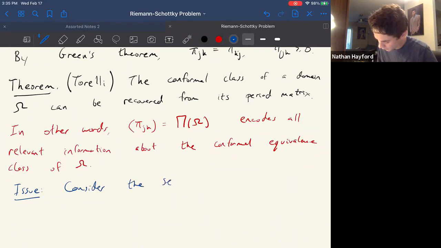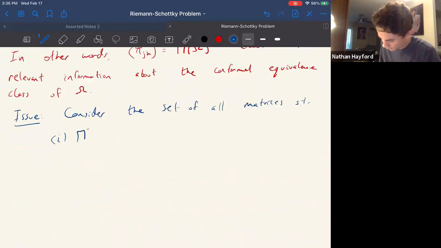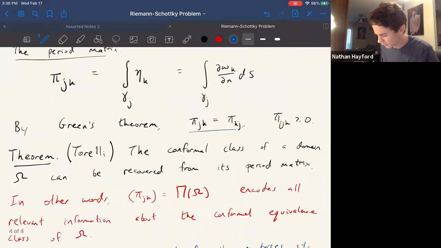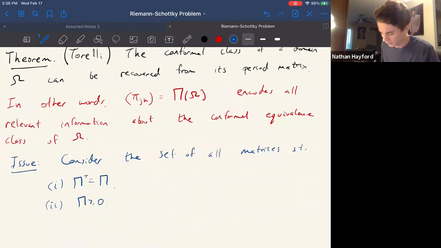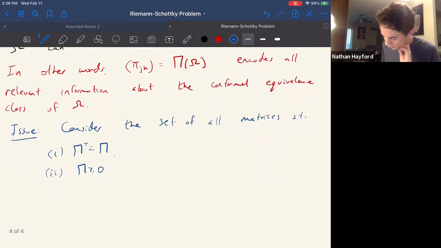Consider the set of all matrices such that one, they're symmetric, and two, they're positive definite. In this case, I think they're just positive definite. You need to require the imaginary part is positive definite, which is going to change when we talk about complex Riemann surfaces, but regardless. So consider the set of all matrices with these two properties.